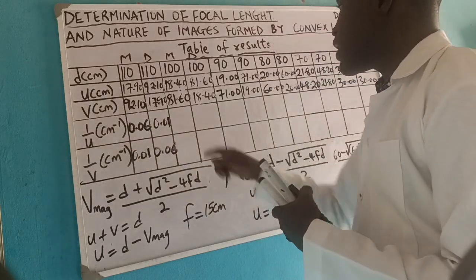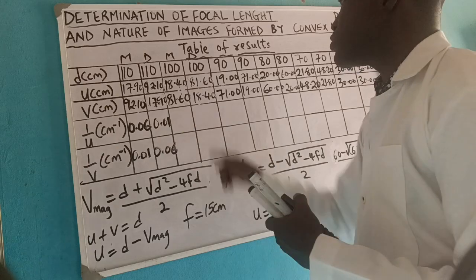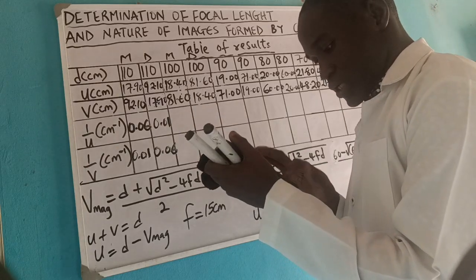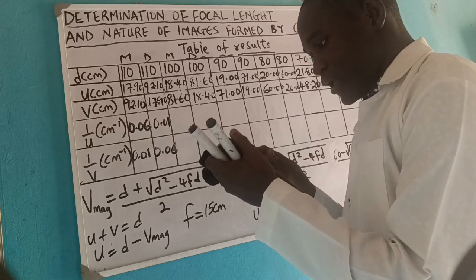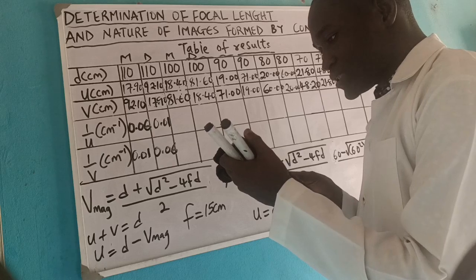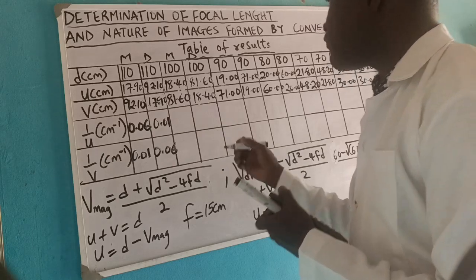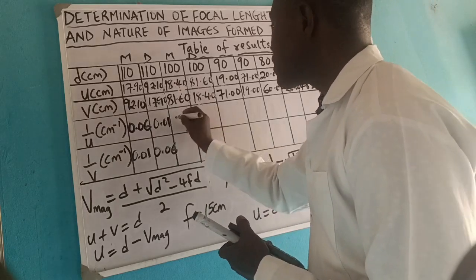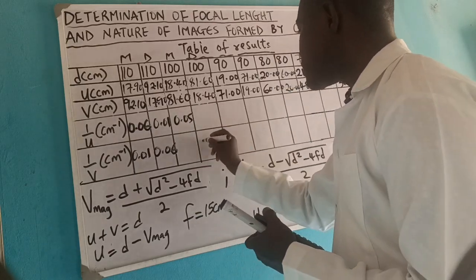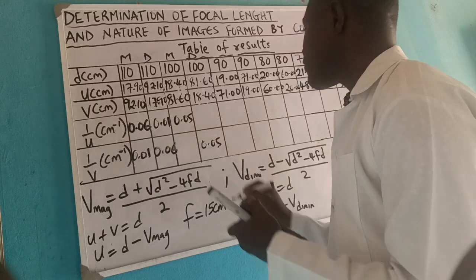Then we now go again. That is about approximation. For 18.4 inverse, 0.05. That is for this, 0.05. Where else do we have it? 0.05.